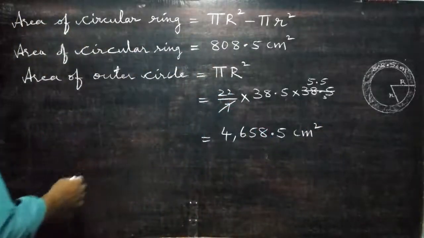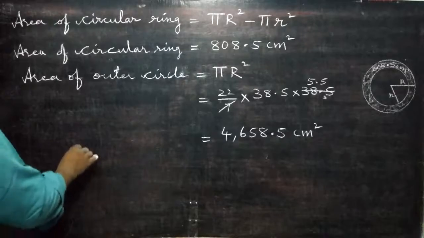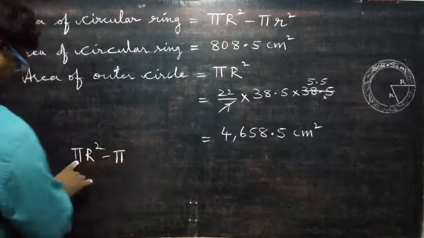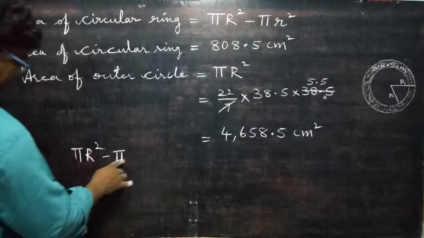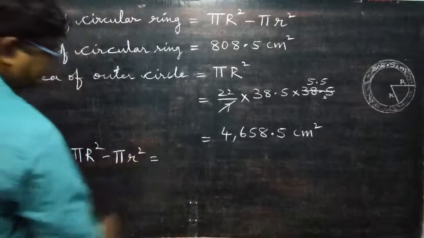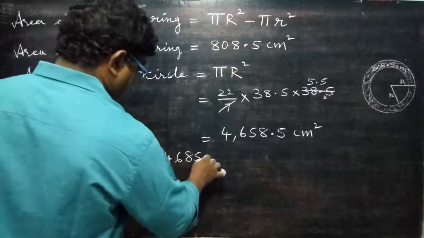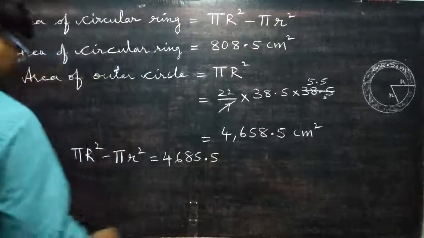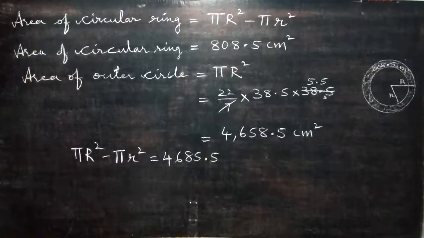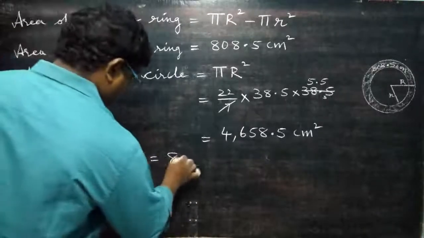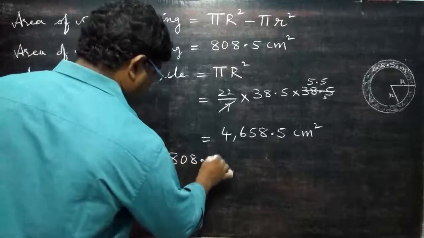Now apply. Now pi into capital R square minus pi into small r square is equal to 4,658.5. Sorry, here is equal to, we are comparing now, is equal to 808.5.